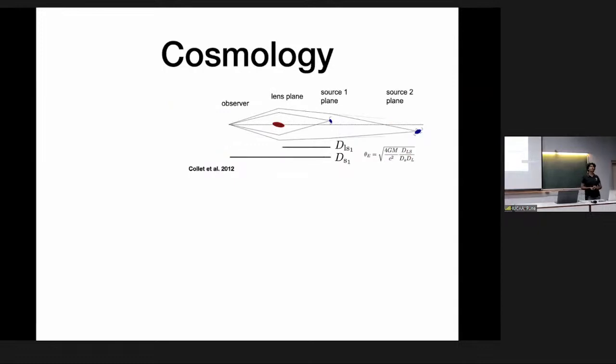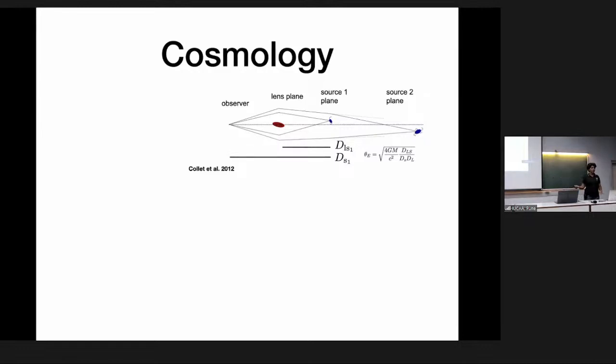So then finally, I want to show this one very interesting kind of system where we can again make use of strong lensing to get cosmological constraints. So I've been talking about an observer and a lens and a source, but there can be even rarer instances where you can have multiple sources being lensed by the same lens, or there could be multiple lenses in the line of sight to a single source.